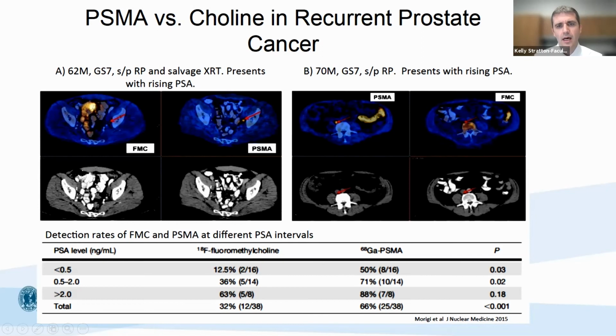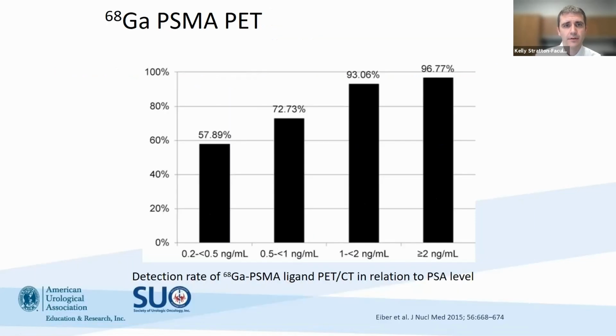And so PSMA PET, like Axumin PET or fluciclovine PET, has overtaken choline in imaging, particularly at low PSA levels. And this is just another schematic. Even at PSA levels of 0.2 to 0.5, the detection rate is approaching 60%.